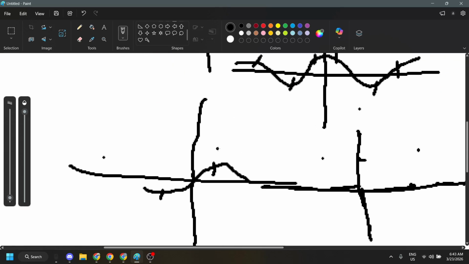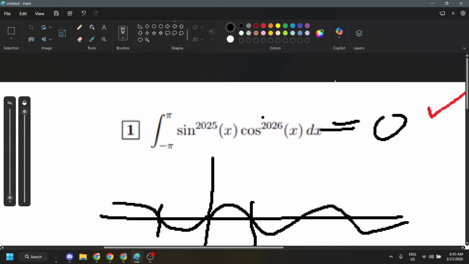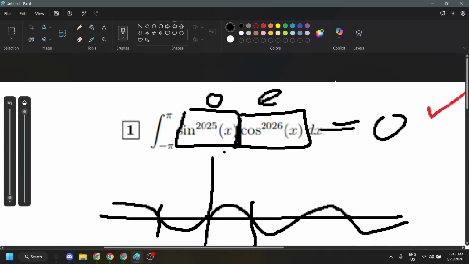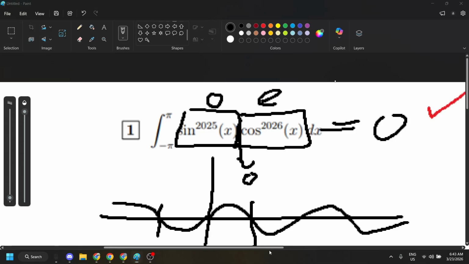So they'll be multiplied by the same thing. So if we can show that this is even, and this thing is odd, then this entire thing is odd. Even does not affect the oddness.